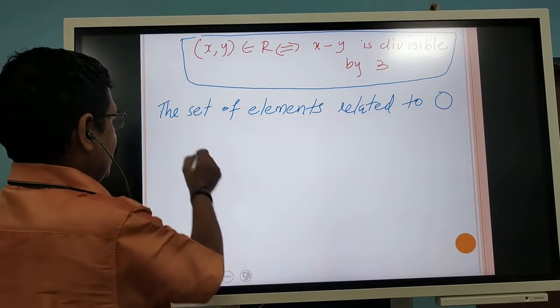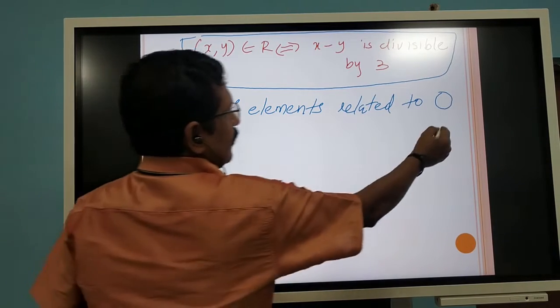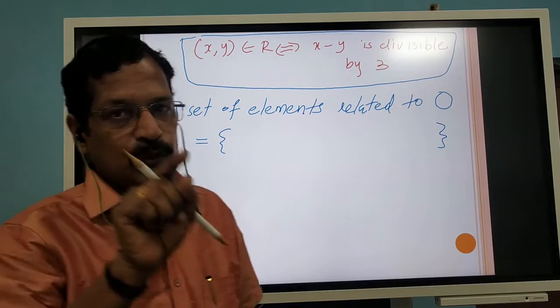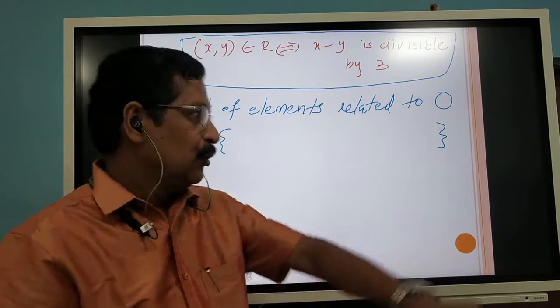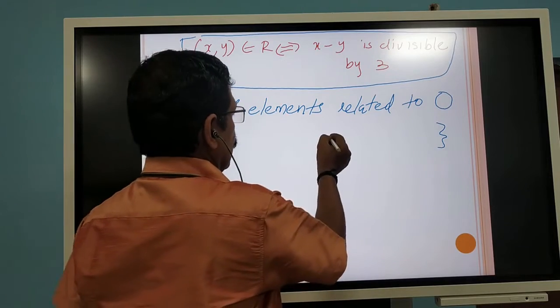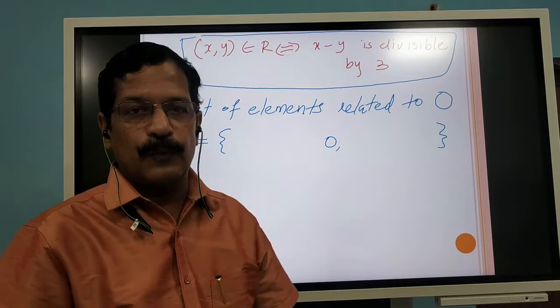Let me write the set. This will be equal to the set of elements. Clearly, the relation is an equivalence relation, so it is reflexive. So 0 should be related to 0. So 0 is an element. I am writing this as 0.